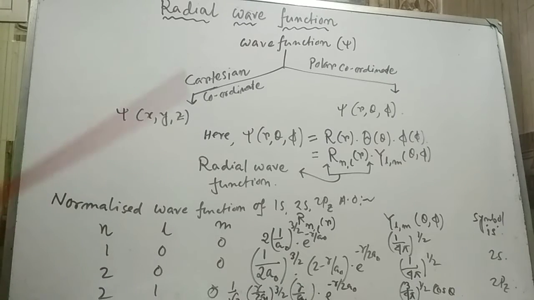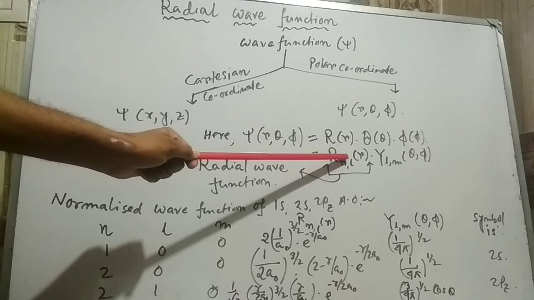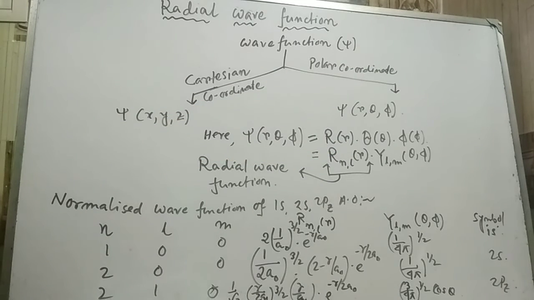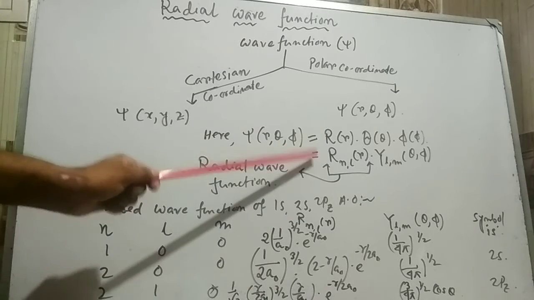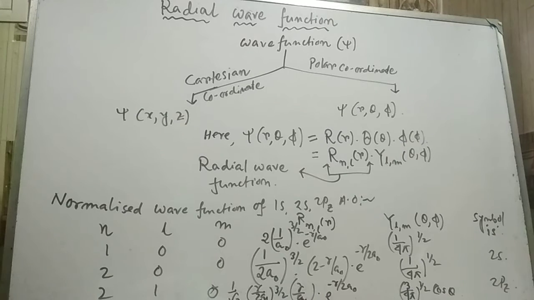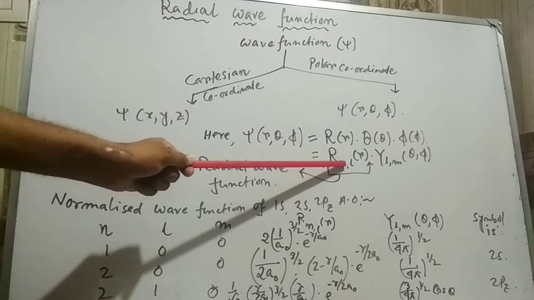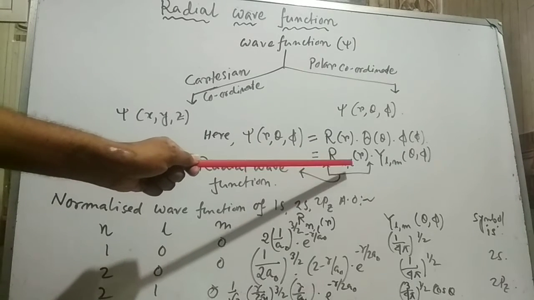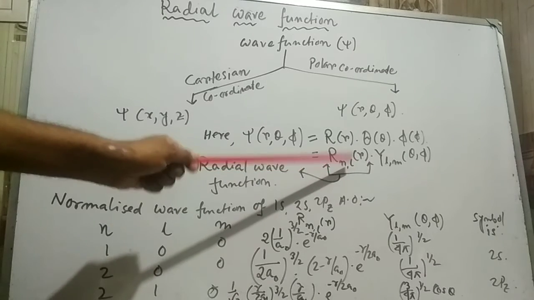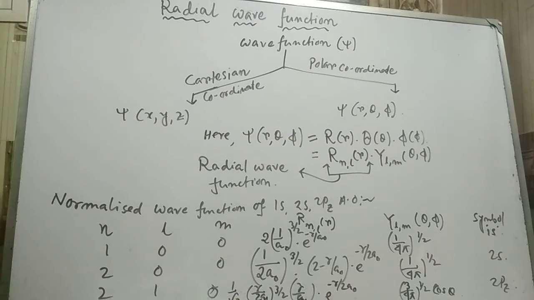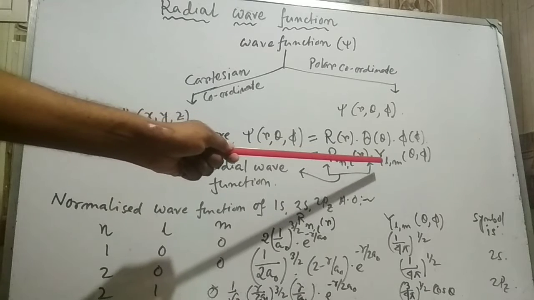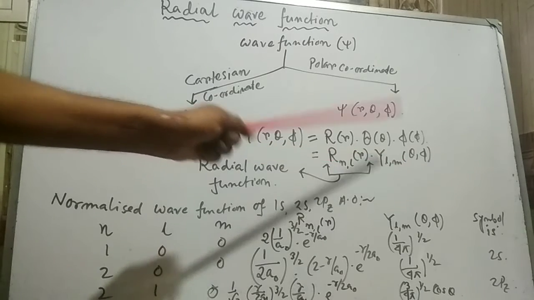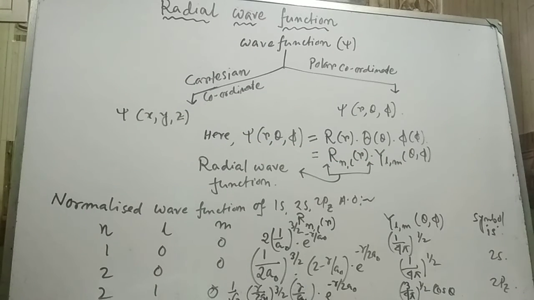So the radial part of the wave function is determined by the distance, whereas the angular part of the wave function is determined by the angles theta and phi. Besides, the radial wave function depends on the principal quantum number as well as the azimuthal quantum number, whereas the angular wave function is determined by the azimuthal quantum number and the magnetic quantum number.